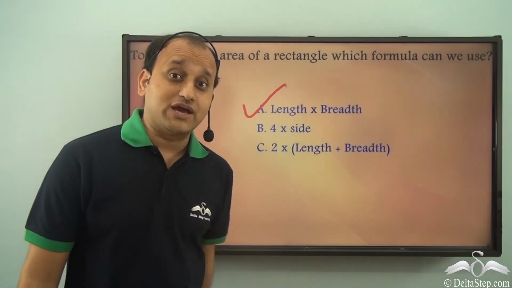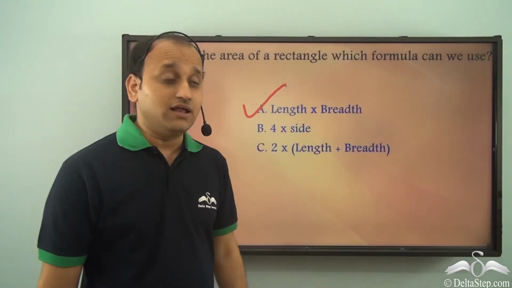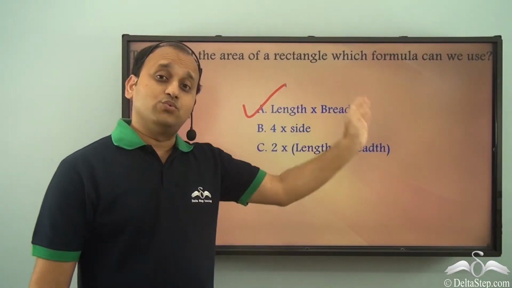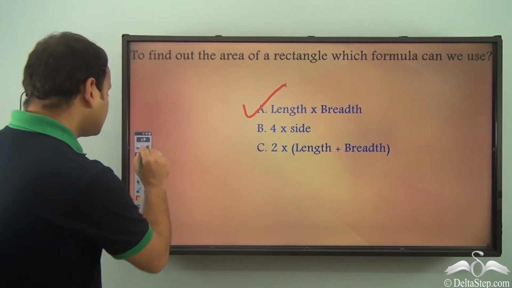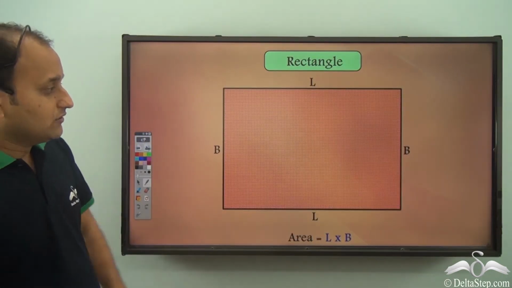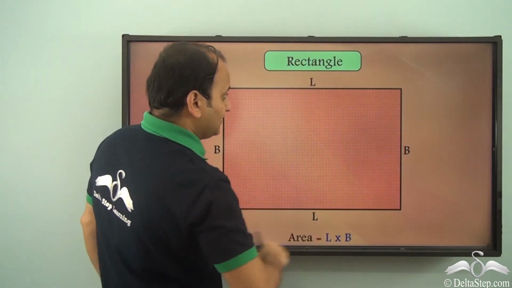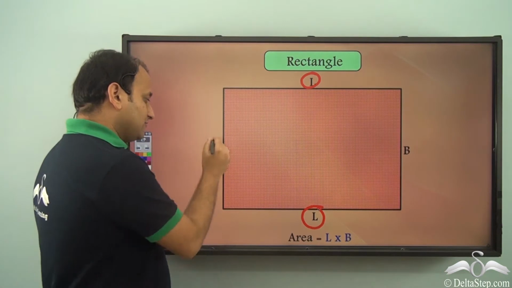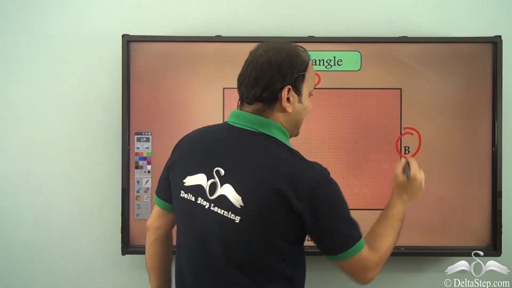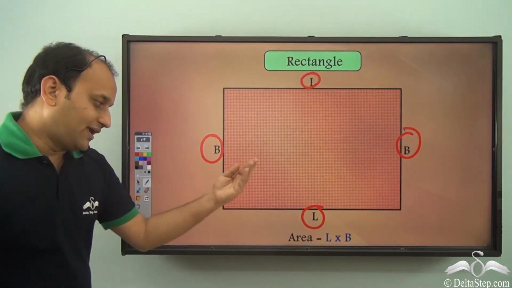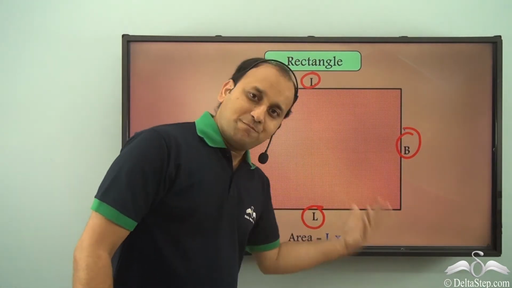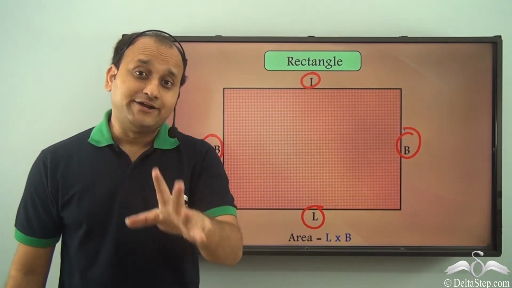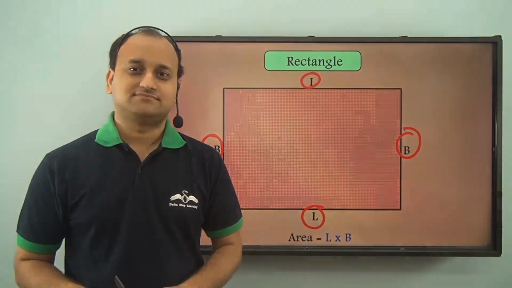So whenever we need to calculate area of a rectangle, we multiply length with breadth. So this is a rectangle. These are the length of the rectangle and these are the breadth of the rectangle. So area will be L into B, that is length into breadth.